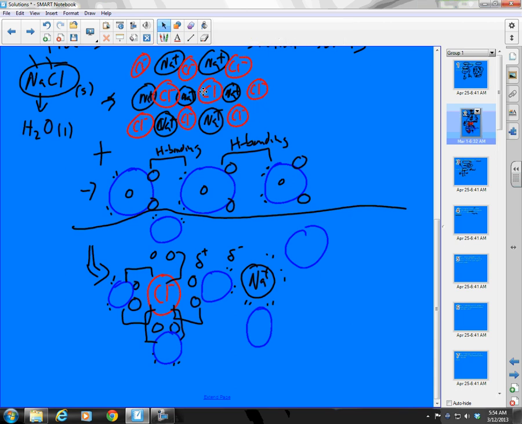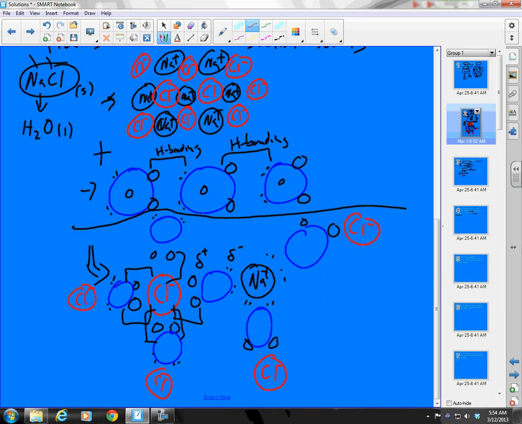then what's going to be attracted to my, we've got to put in some hydrogens here. What's going to be attracted to the positive side of my water? Well, more chloride. So I'd have a chloride maybe down here and a chloride over here and maybe some chlorides out here and a chloride down here.